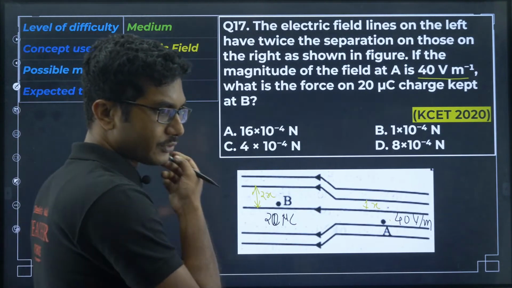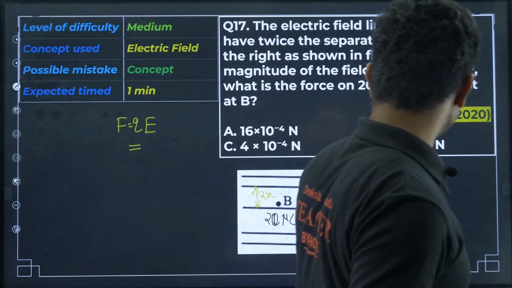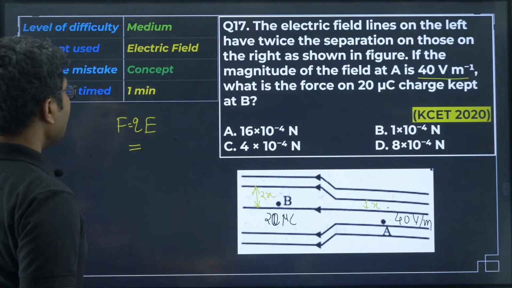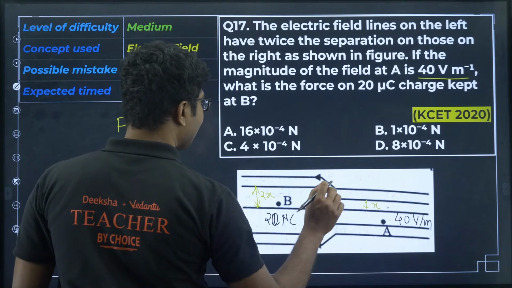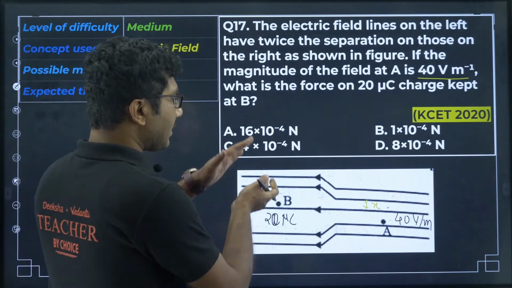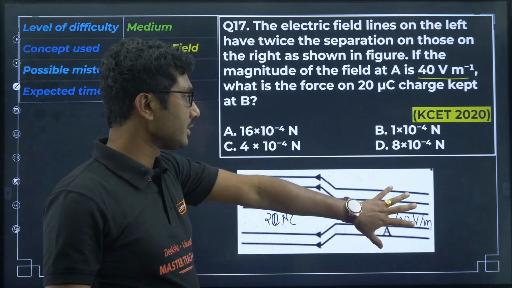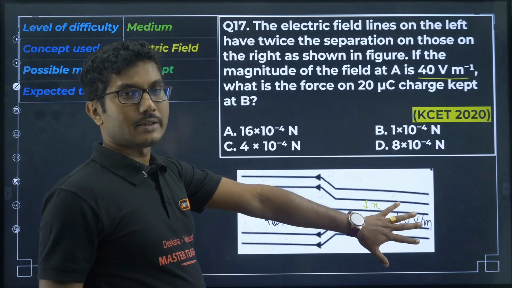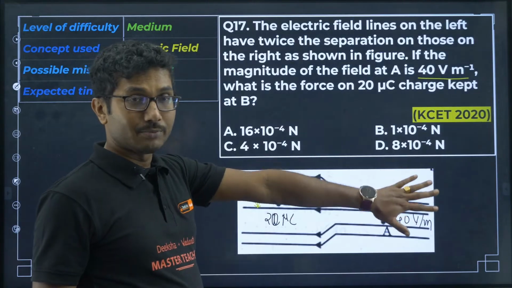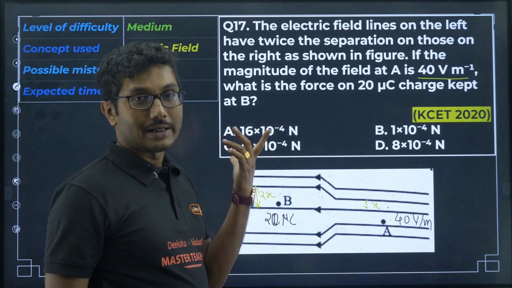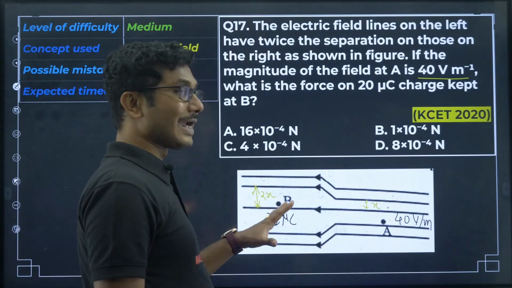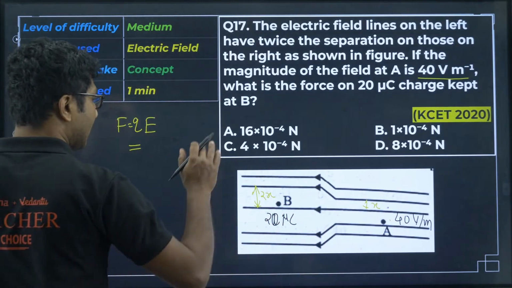So, what is the force? 17C. Let us see. First of all, we have to find the electric field. The more the separation, the less the electric field. More concentrated electric field lines mean the electric field is more, elongated electric field lines mean the electric field is less, and it is inversely proportional to the separation.